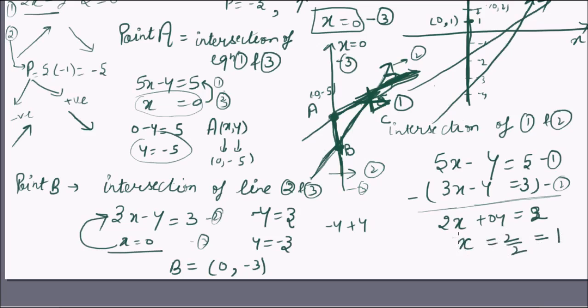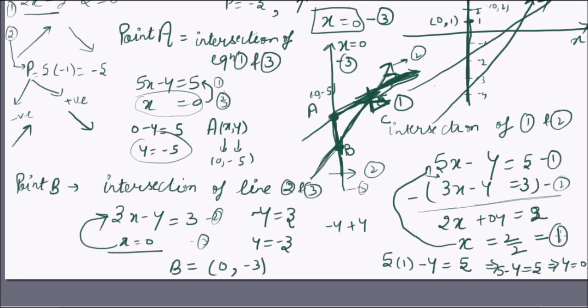To find out the y coordinate, substitute x in any of the equations. Substituting x in first equation, we get 5 into 1 minus y equals 5. That is 5 minus y equals 5, or y equals 0.